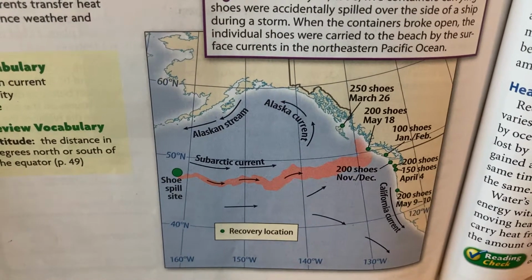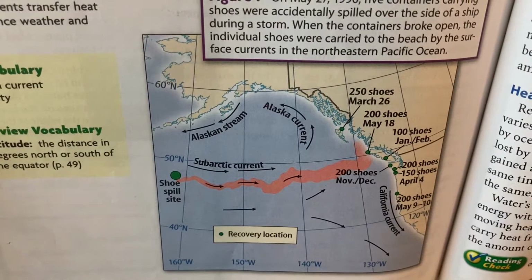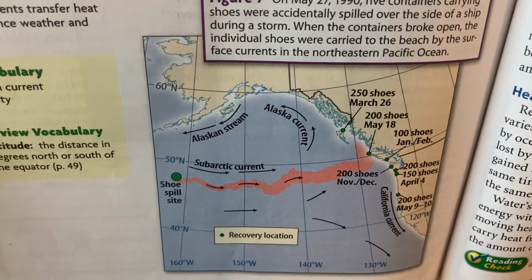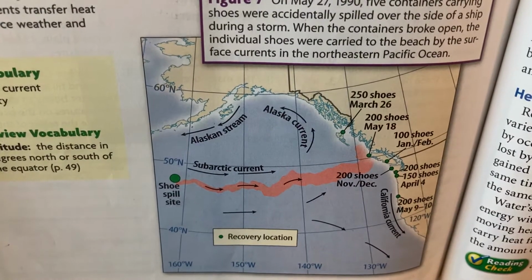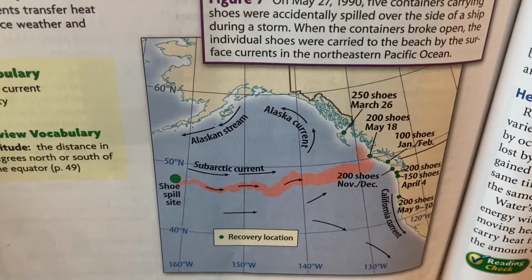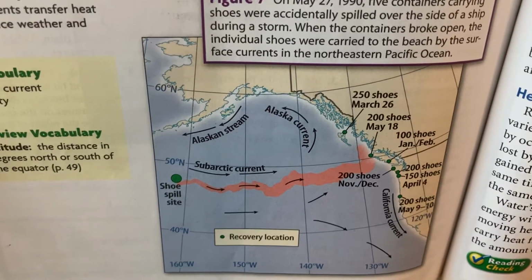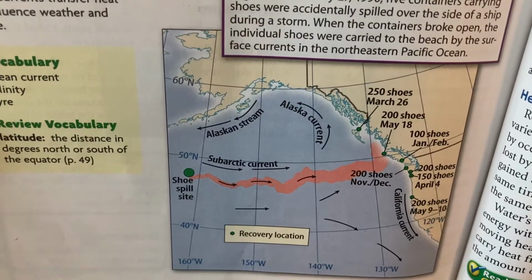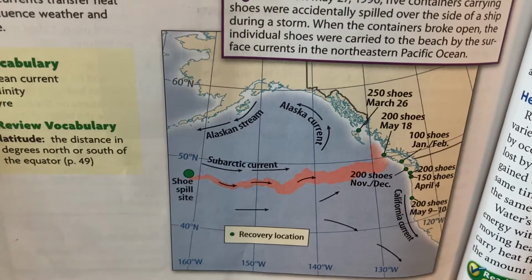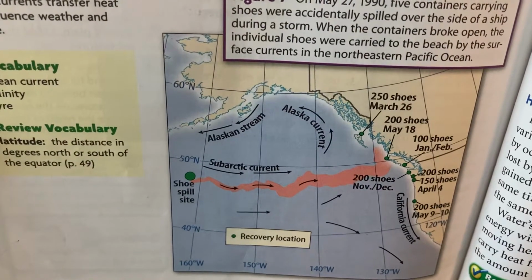Well, the water moves heat, other water, animals, plants, nutrients, and even humans because we're on ships from place to place in the ocean. Let me say that one more time. What is the water moving? It's like that pink red line. It moves heat, water, nutrients, animals, plants, and even humans that are on boats and ships.